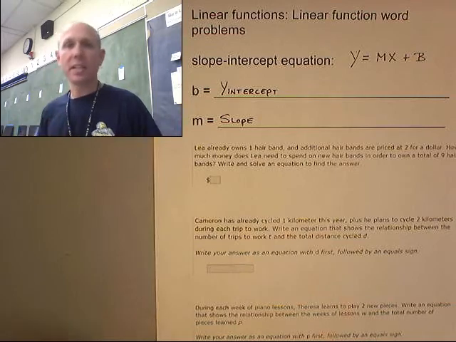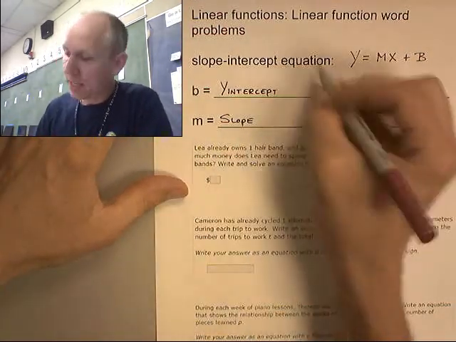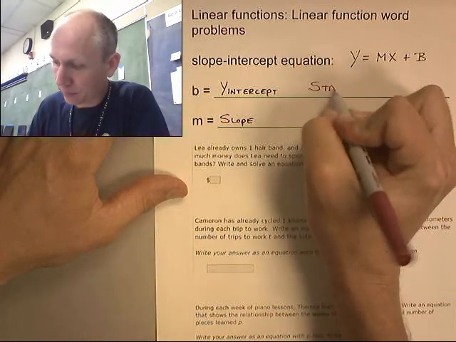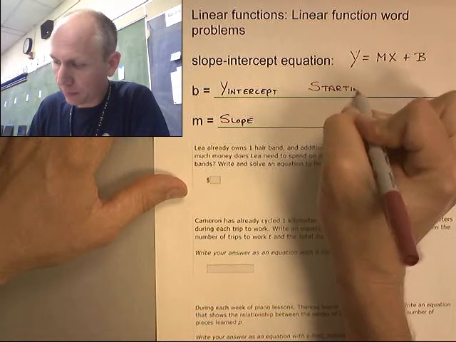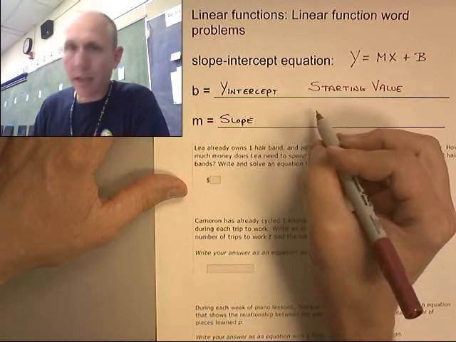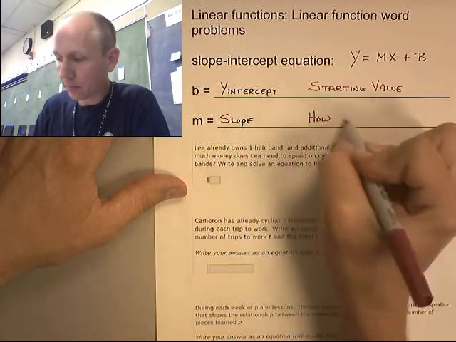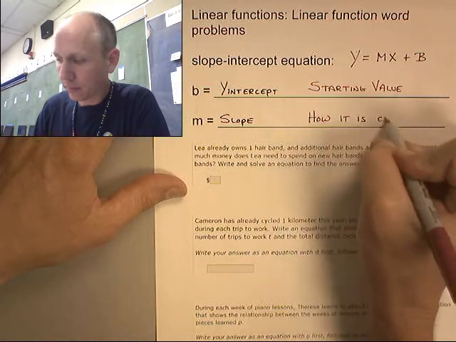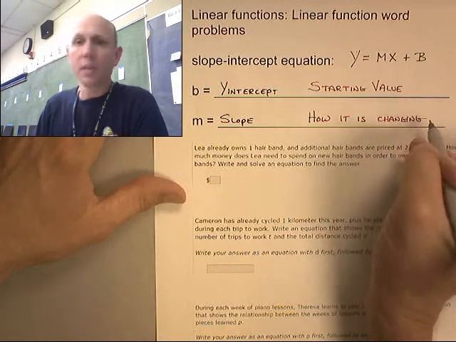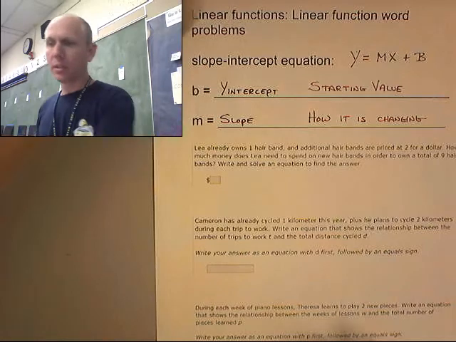Here's what it really represents in terms of a word problem. The y-intercept is really the starting value and the slope is really how it's changing. So, starting value and how things are changing after that. Let's do some problems.